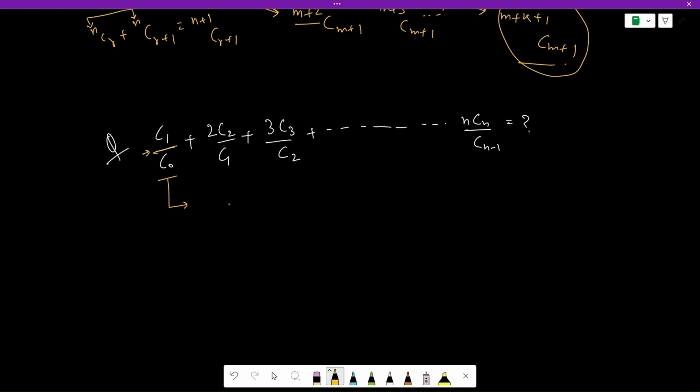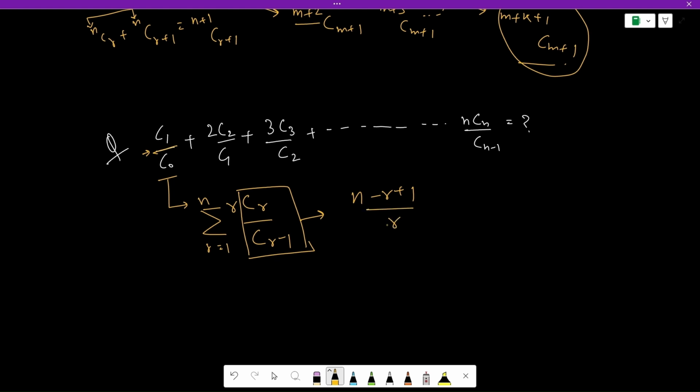It will be r times NCr divided by NC(r minus 1). Now it is a summation of this, where r is from 1 to n. Now as you can see, this forms the property which is (n minus r plus 1) by r.